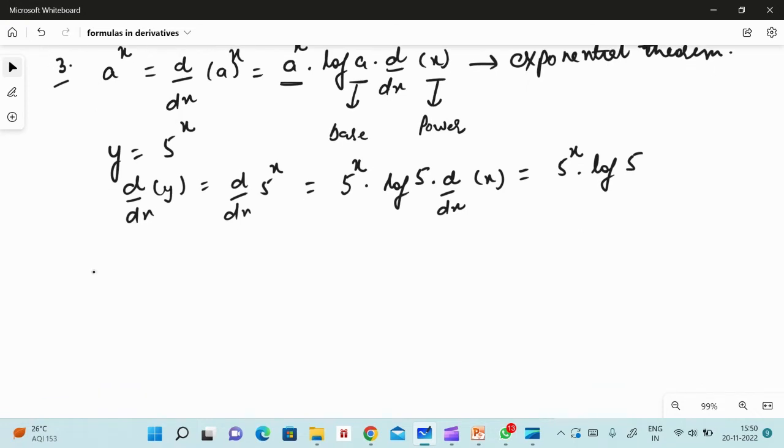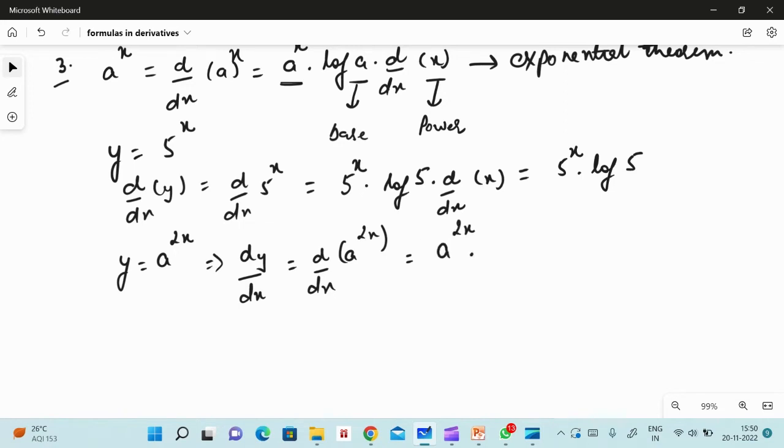Like if I have taken y is equal to a power 2x. Clear? So in this case, what would be the derivative of a power 2x? This is a power 2x into log of a into derivative of 2x.